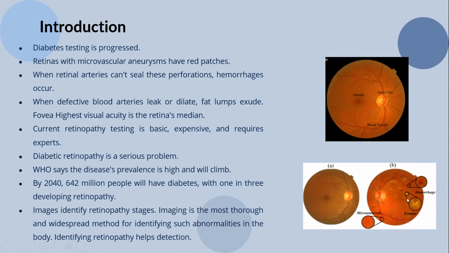These illnesses may be hemorrhages, exudates, microaneurysms, and blood vessel problems. These types of illnesses may cause blindness in humans.